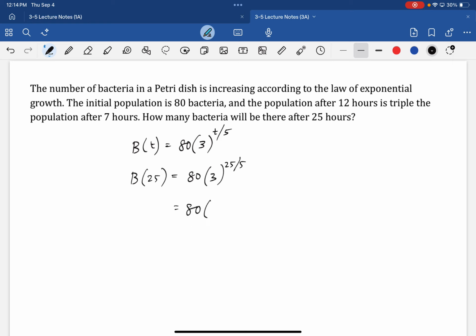My multiplication is really bad. 19,440. Seems right.